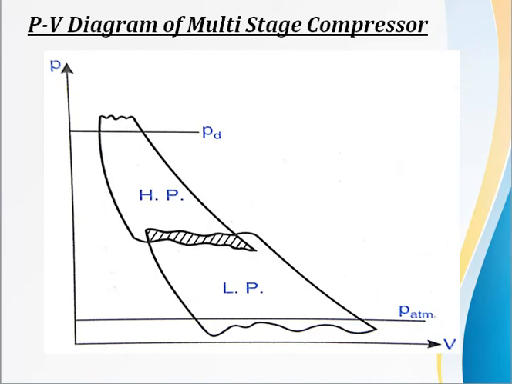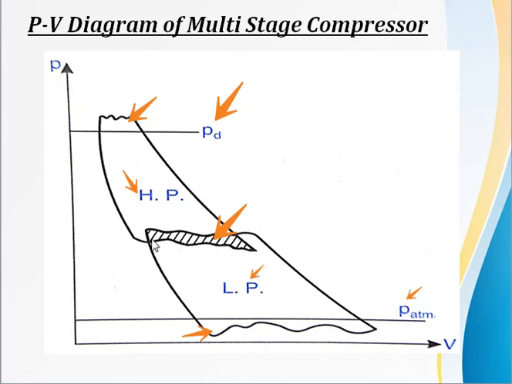This is the suction part, this is the delivery part, this is the intermediate part between LP cylinder and HP cylinder, and this is the delivery pressure PD. This is the atmospheric pressure at the inlet of the LP cylinder.